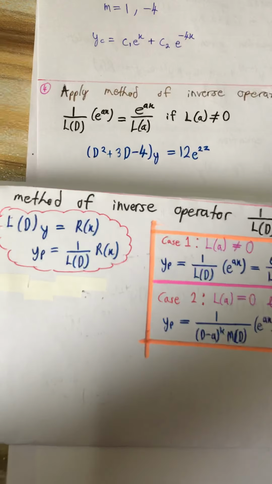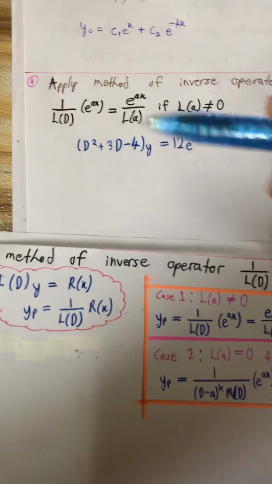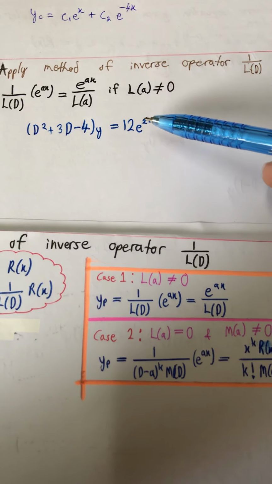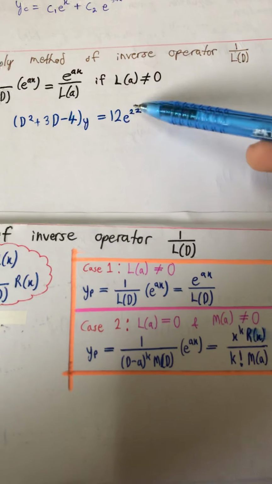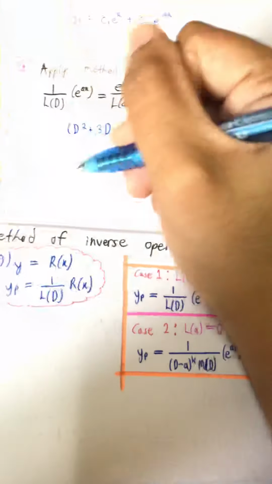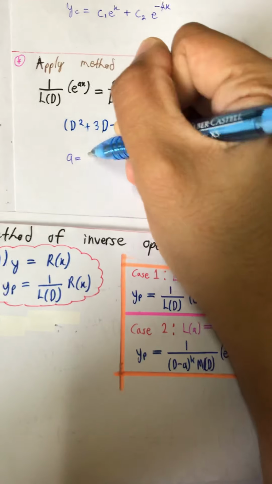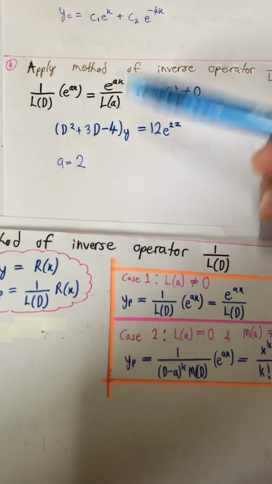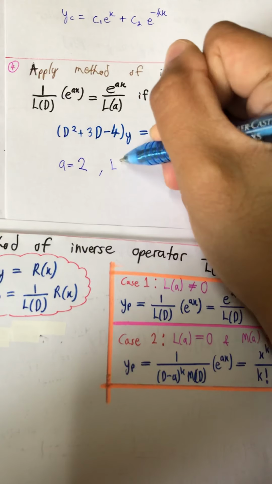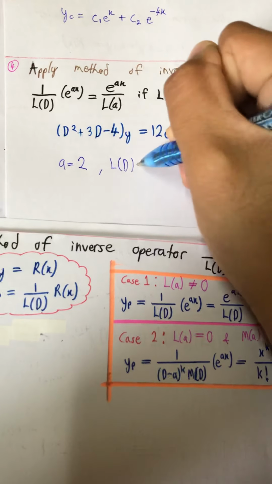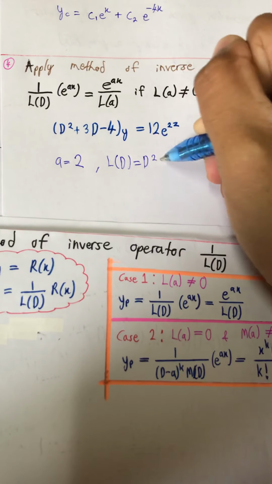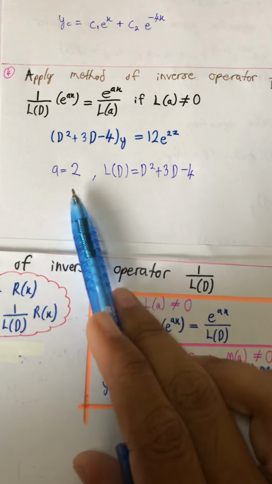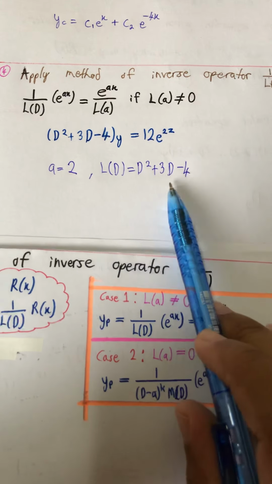So here from the equation, our a we get from the power of the exponent. So noted that our a is equal to 2, and our L(D) is D squared plus 3D minus 4.